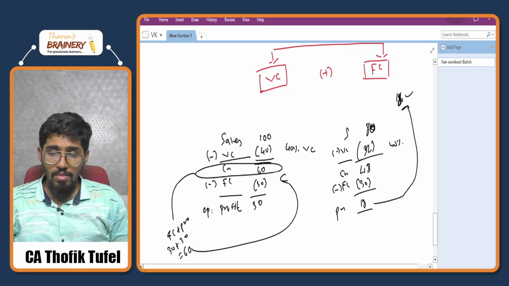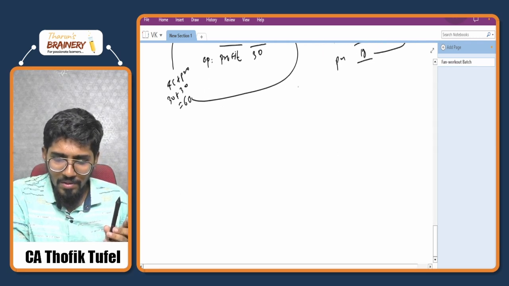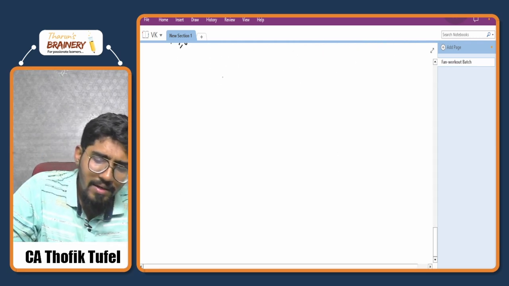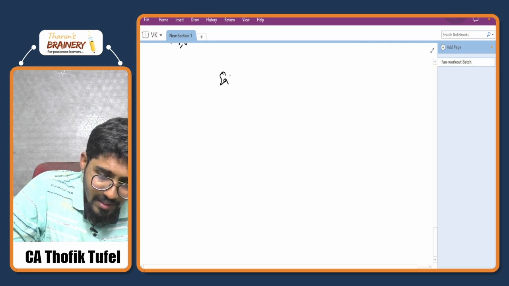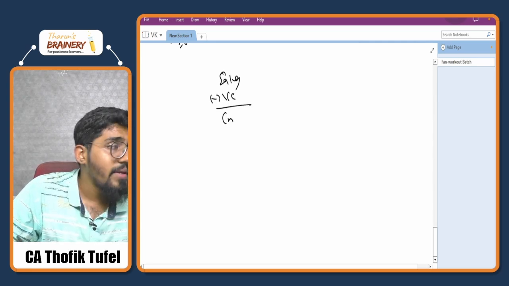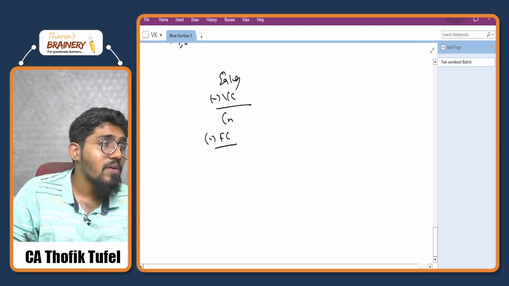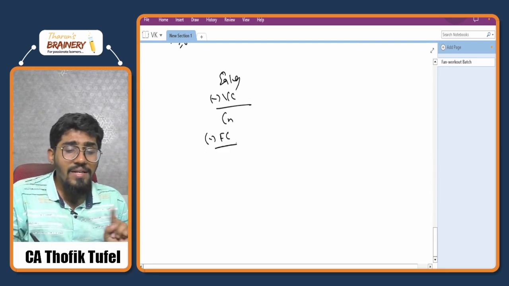Okay, sir. So what you are trying to tell here is that sales minus variable cost is called contribution. Contribution minus fixed cost is your operating profit.